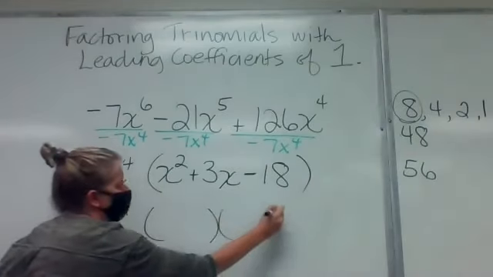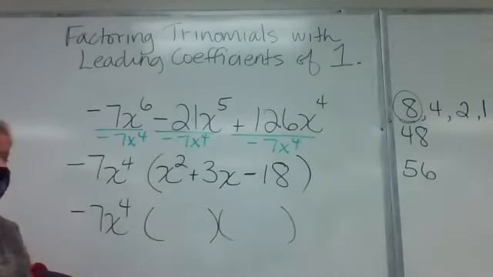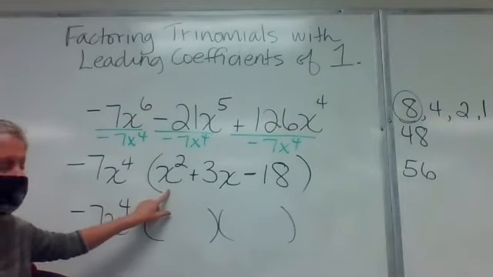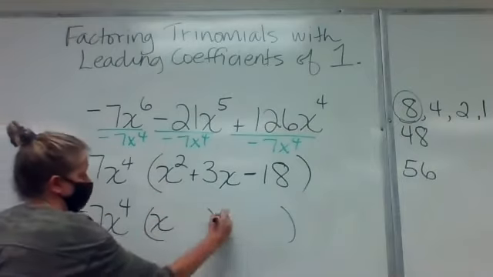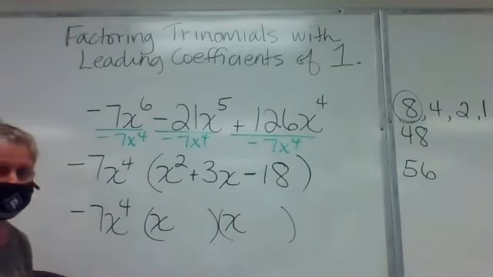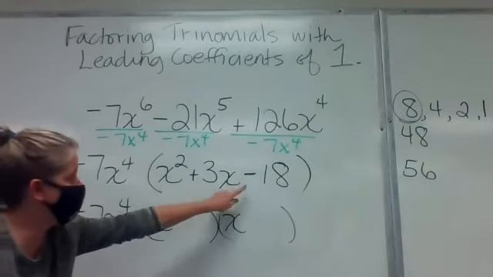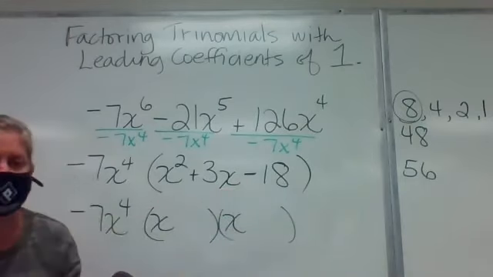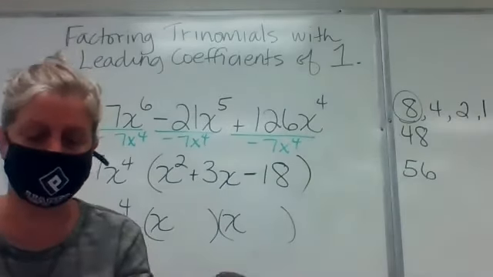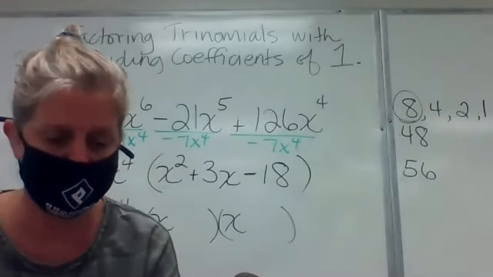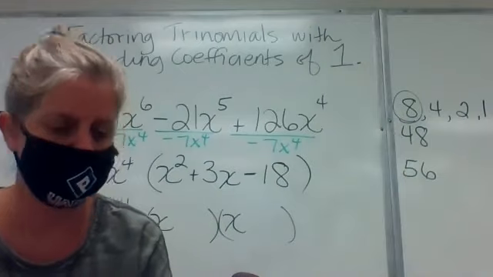Let's see if we can go further with what's in the parentheses now. Now, like we like it, it is just x squared, so it's x and x. I'm multiplying to negative 18. I'm going to be worried about my signs on this. So I'm just going to go straight to my y equals, clear it out.